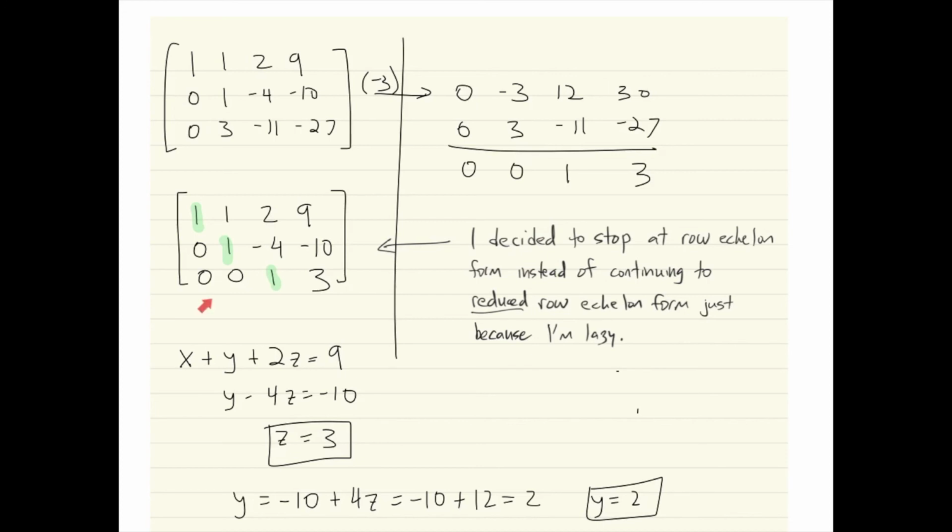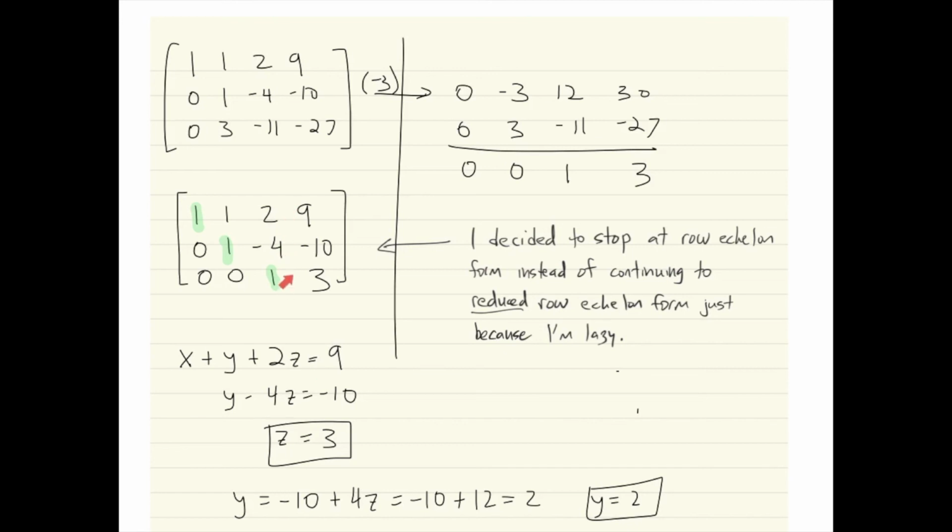And this is good enough because we can easily read off the solution to the system of equations from the row echelon form. It's a little bit easier if I have the reduced row echelon form, but okay, this is what I did. So the first row here translates to the equation x plus y plus 2z equals 9.